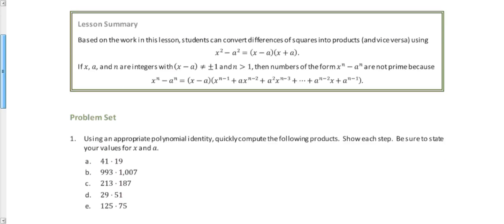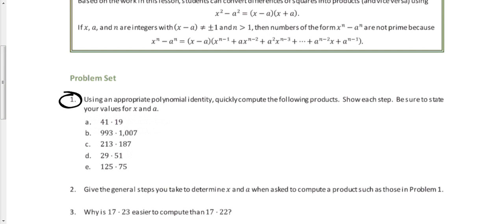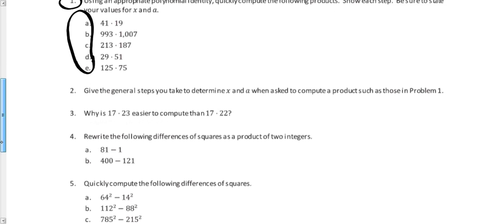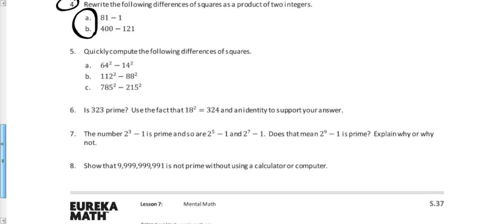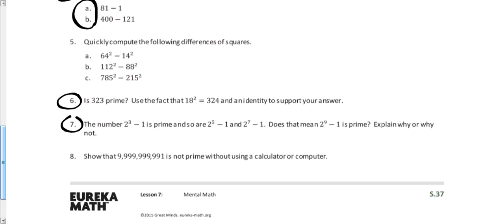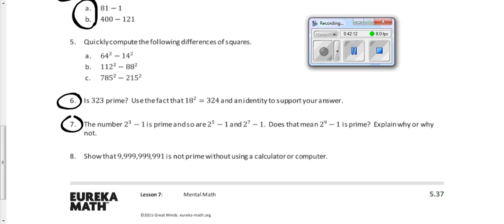So we are doing one, all over, 2, 3, 4, both of them.